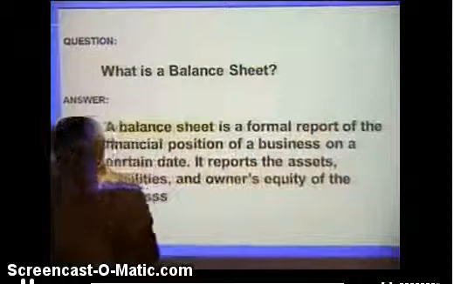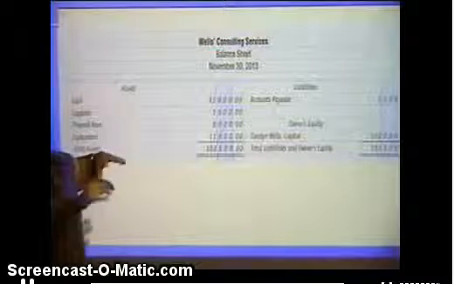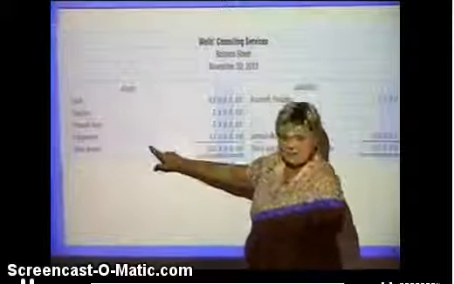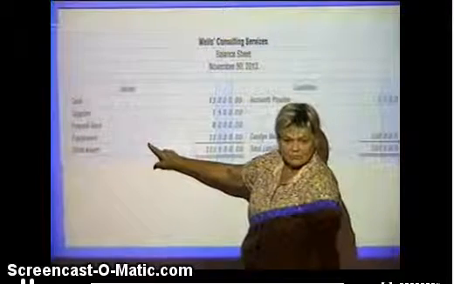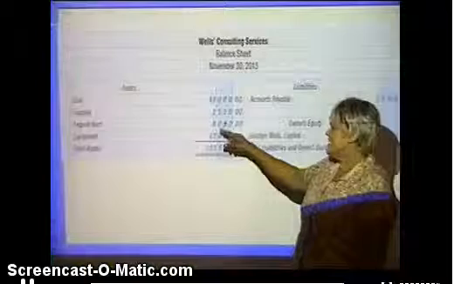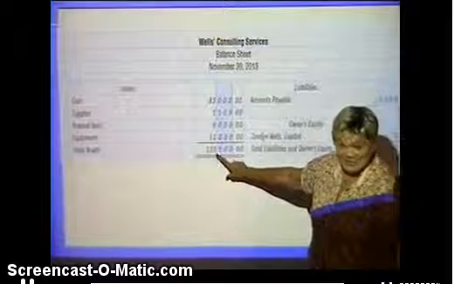Okay, so here's what we're going to do. Here's a balance sheet of Wells Consulting Company, right? We just took all that information we've been putting on that spreadsheet, and we're showing a list of the assets on the left. You add up your assets, and you come up with total assets, right?